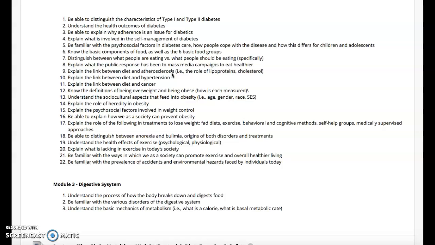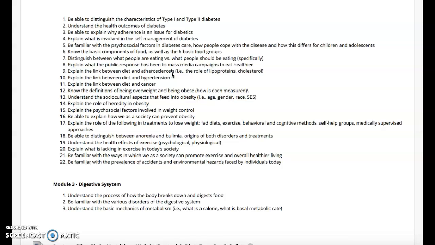And we're going to dive into looking at the links between diet and several different diseases like atherosclerosis. Specifically, you're going to want to know the mechanisms involved in atherosclerosis and heart disease in general, but particularly here you're looking at the role of lipoproteins and cholesterol, the specifics of food that lead to clogged arteries over time, and then also the link between those and hypertension and cancer.